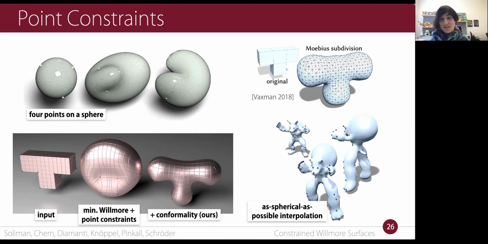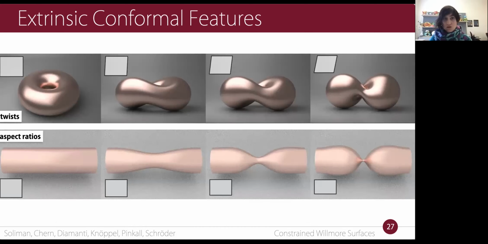In this work, there was a subdivision scheme based on Möbius geometry, and we can do similar things with our sphere-preserving interpolants. So this slide shows how the intrinsic conformal geometry actually affects the extrinsic shape of the surface, which is an interesting thing to study.